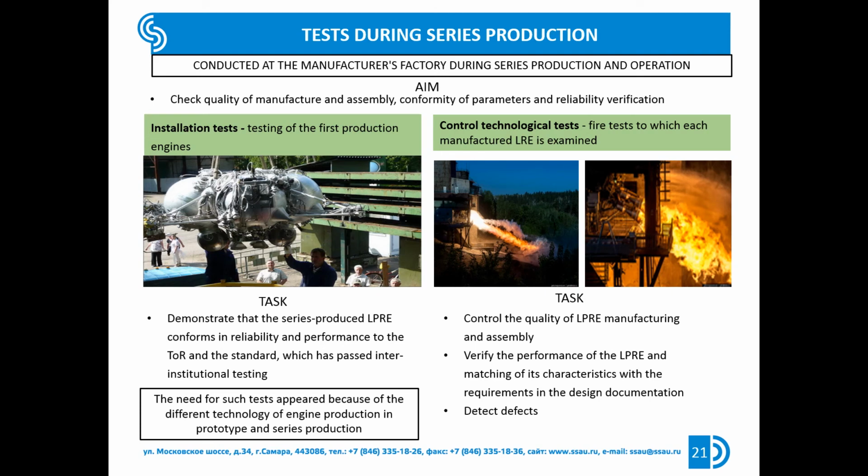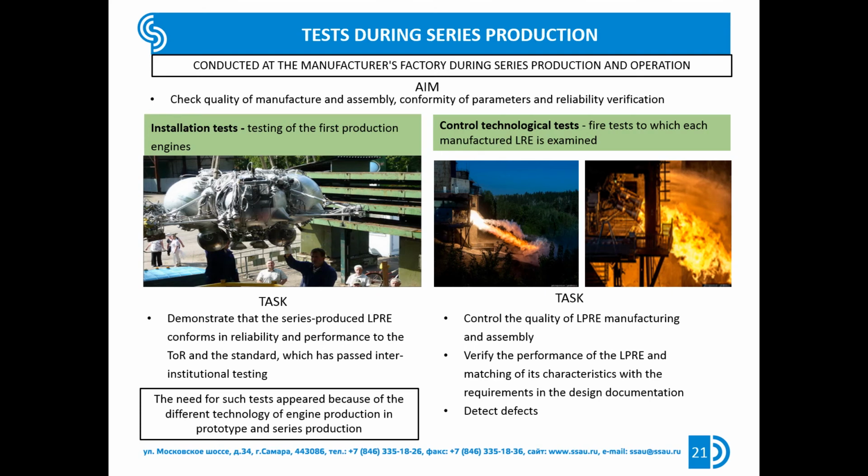The main types of test currently used to control the quality of commercially produced liquid propellant rocket engines are the following: control technological and confirmatory periodic or control sampling tests. The control and technological tests are fire tests to which each fabricated LPRE is subjected.